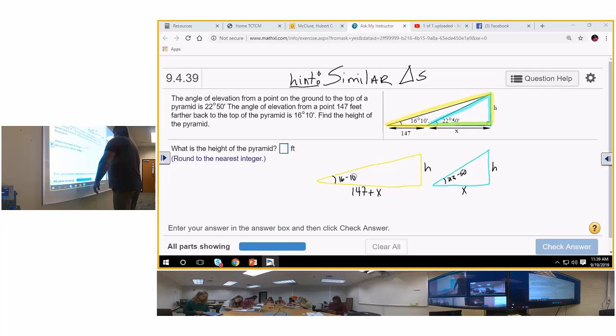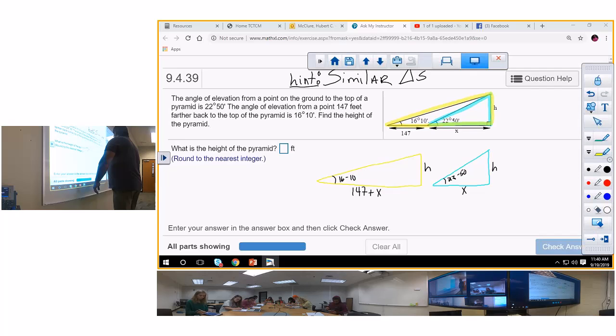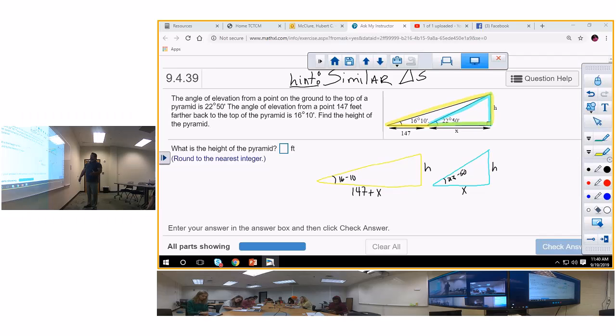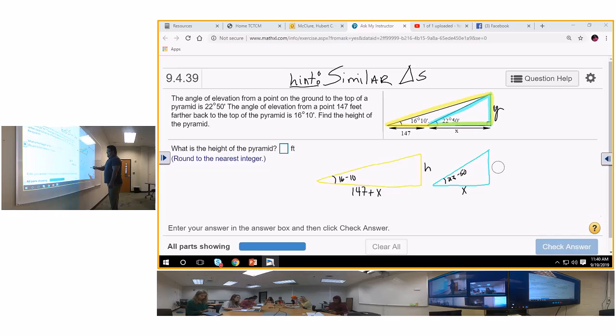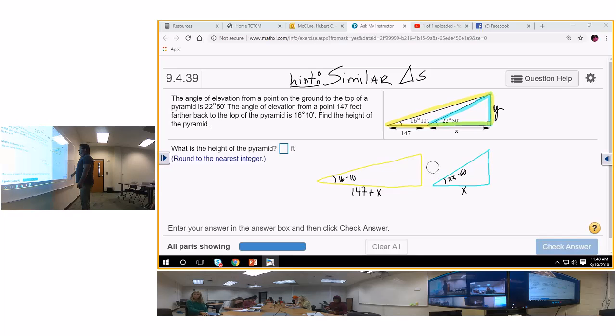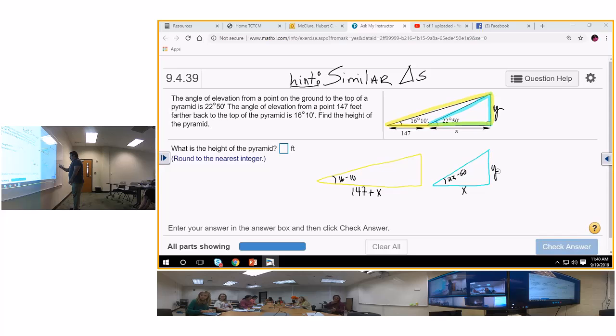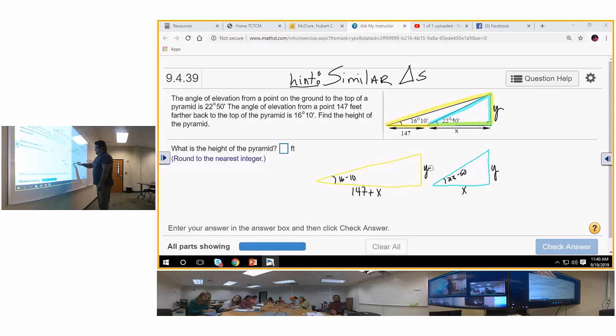Okay, we're going to change H, because that is a dumb variable to use when you're talking about hypotenuses all the time. So we're going to change this to Y. Don't y'all agree? That's the difference between a teacher writing a problem and a computer programmer writing the problem. So we're going to make that a Y and a Y.